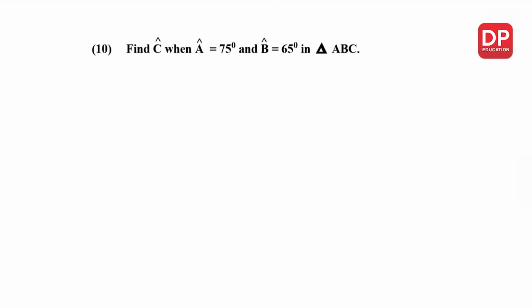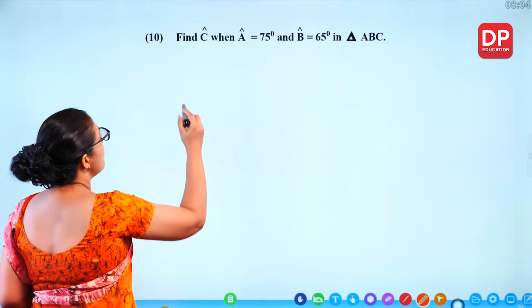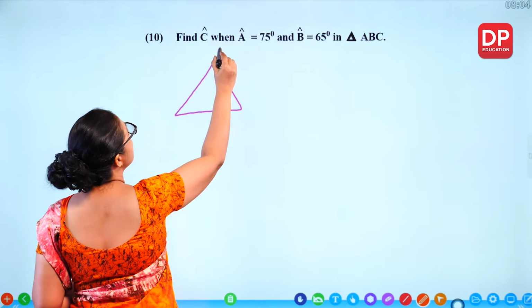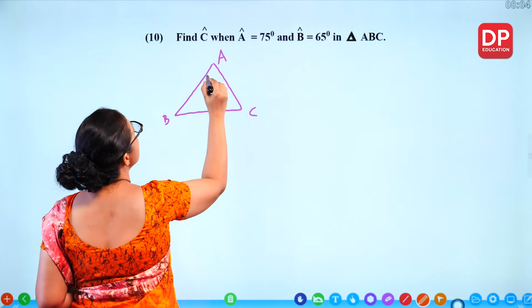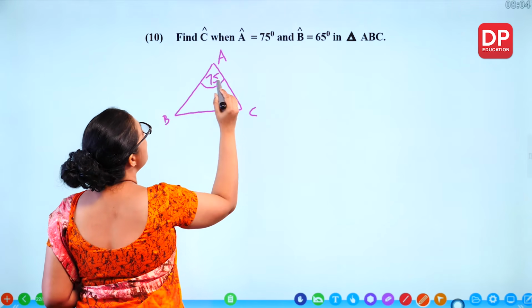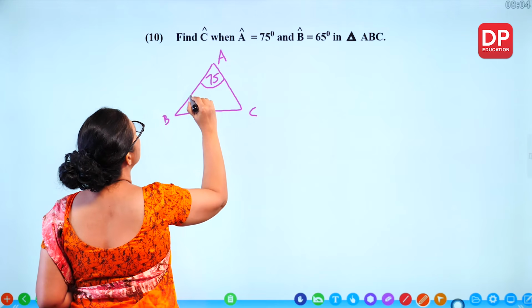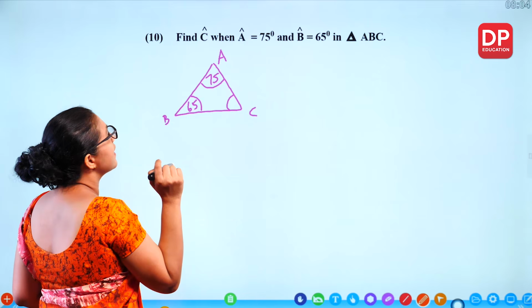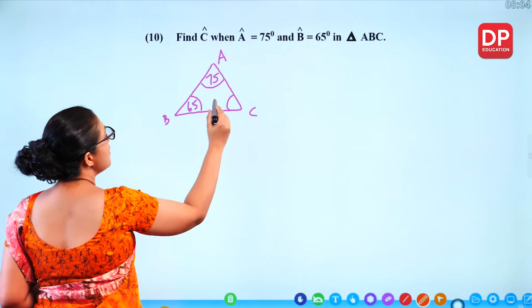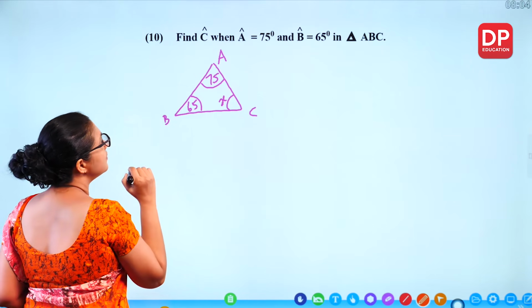Look at this one. You are asked to find C when A equals 75 and B is 65 in triangle ABC. So when you draw the triangle, A is 75, B is 65 and you are asked to find the C angle. So what's the property? We'll put x as the angle.